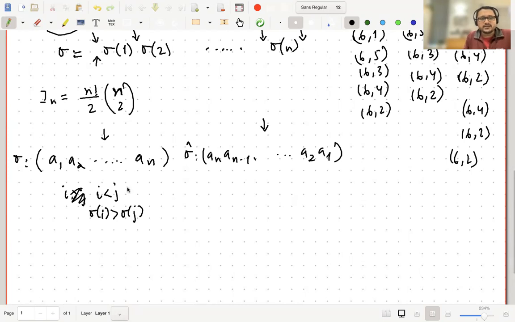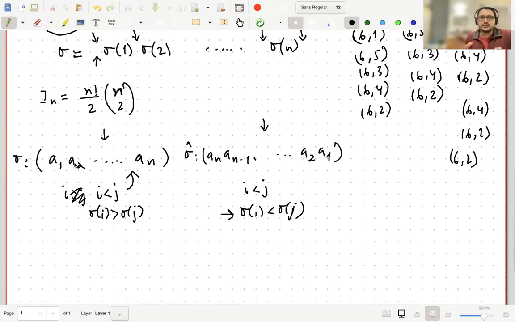If I have this condition in this permutation, then in the opposite permutation, i is less than j but sigma i will be less than sigma j, because we're reversing the direction. And if there is a pair of numbers here where this inequality is satisfied, then in the reverse permutation the opposite inequality will be satisfied. So if you pick any pair of numbers, then either in sigma or in sigma hat, they will be inversions.